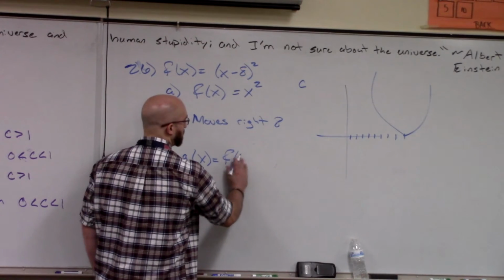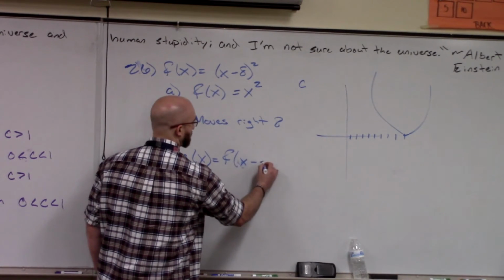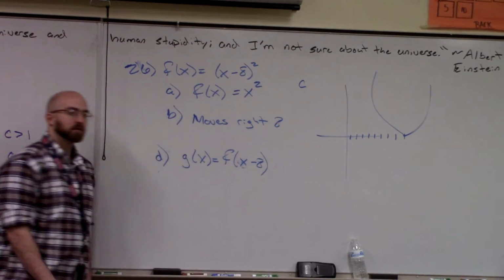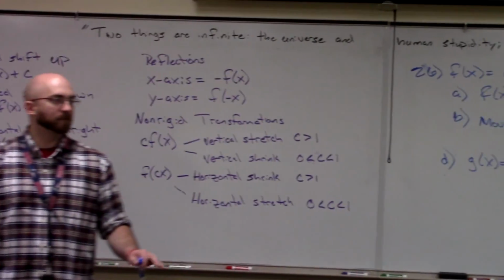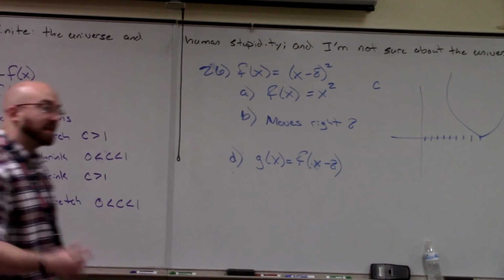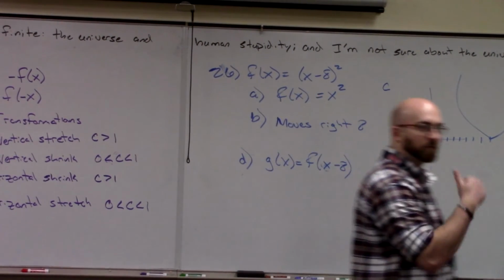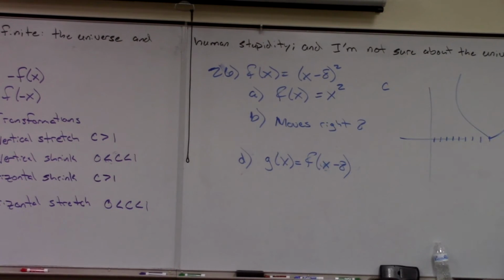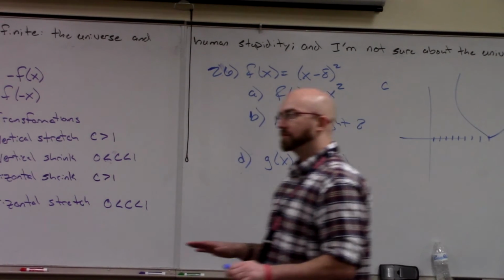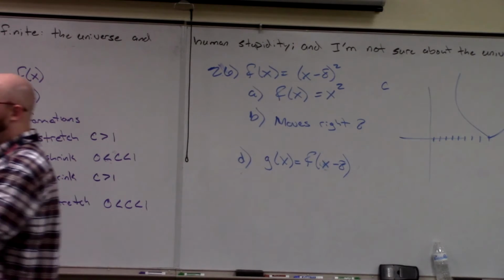And this one I'll just do for you so you can see it for the next one. That's it. Because if I plugged x minus 8 into my parent function, would I have the same function again? Yeah. That's all you do. I rewrote it so the square's gone.